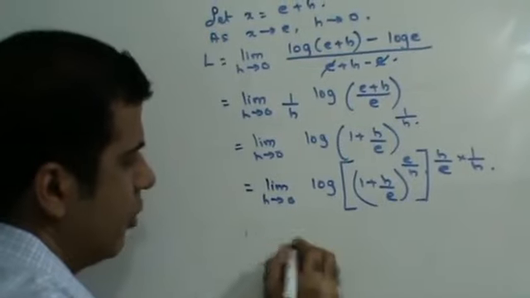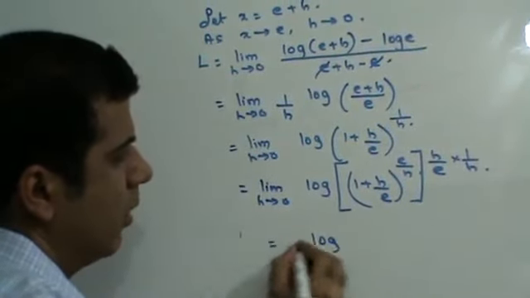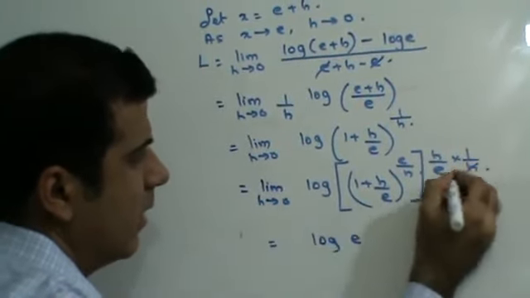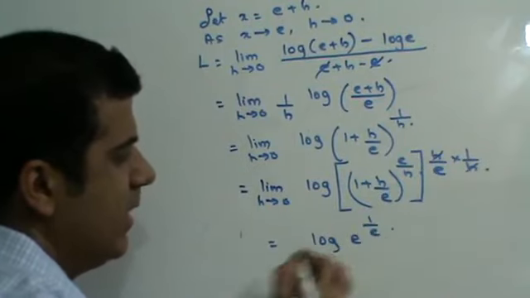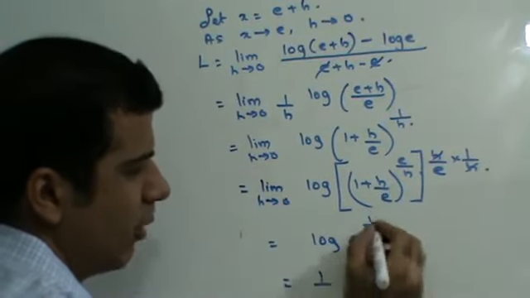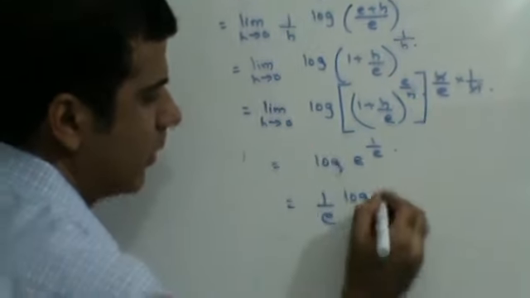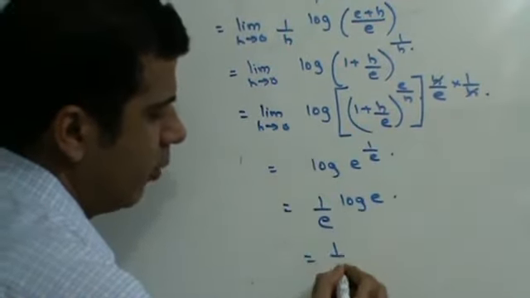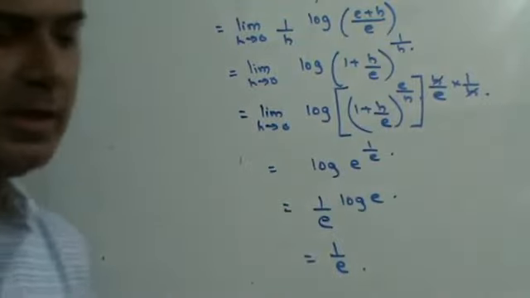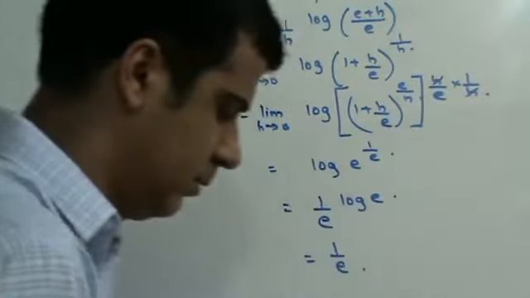So now this is going to be log, this is e raised to 1 by e. Whatever the number in the indice goes before the log, 1 upon e log e. The value of log e is 1, answer is 1 upon e, right?